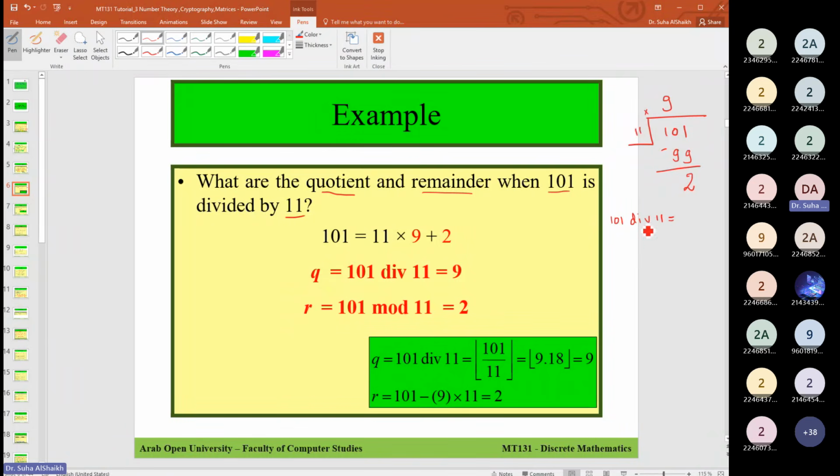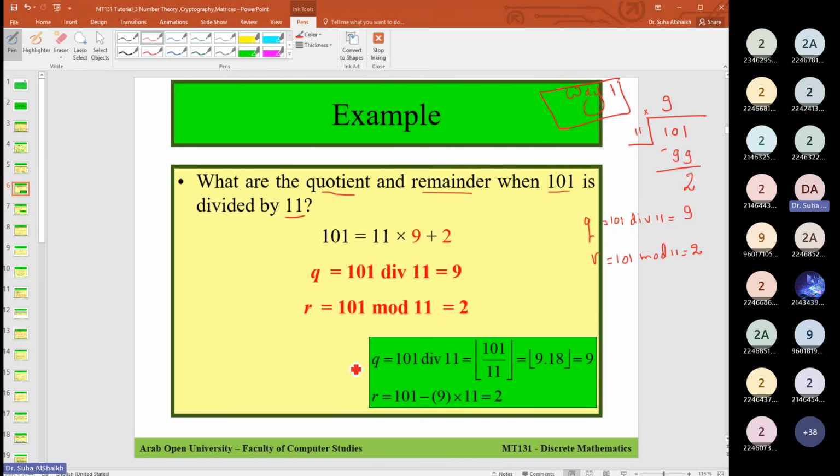That means the quotient, which I call Q here. The quotient when I divided 101 by 11 is 9. And what is R, which is 101 mod 11, the remainder when I divided 101 by 11? It's equal to 2. So this is method 1, which we use when both numbers are positive. Okay, when the number I'm dividing is a positive number.